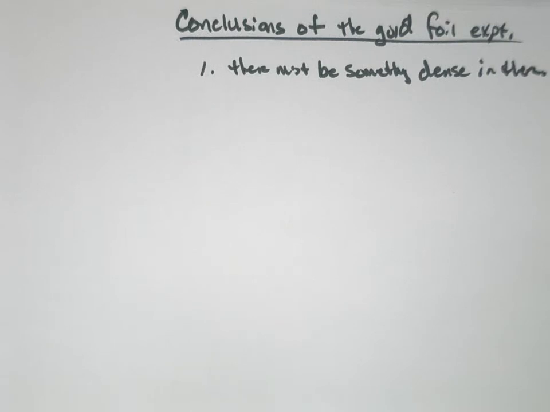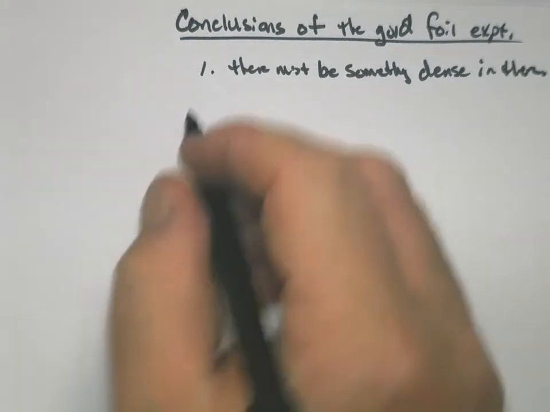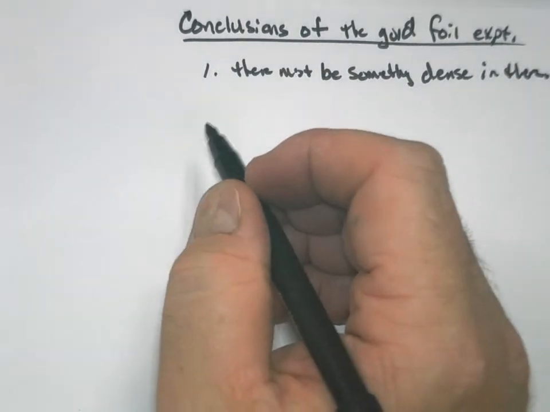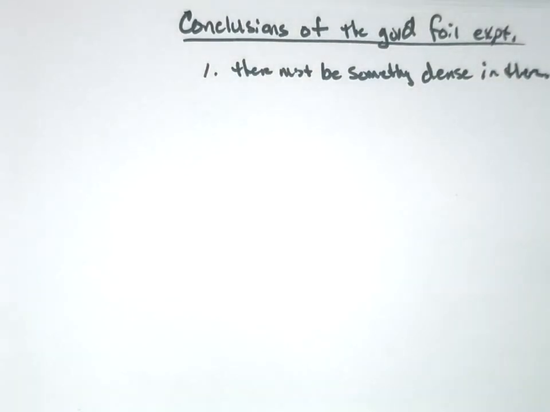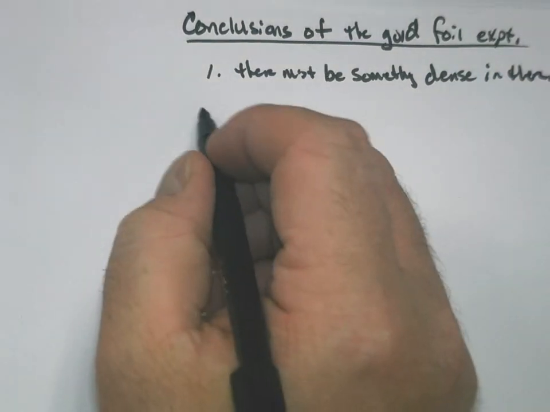We don't know what it is, but there's got to be something dense, because otherwise everything would be going through. There has to be something dense that's causing the alpha particle to bounce back.